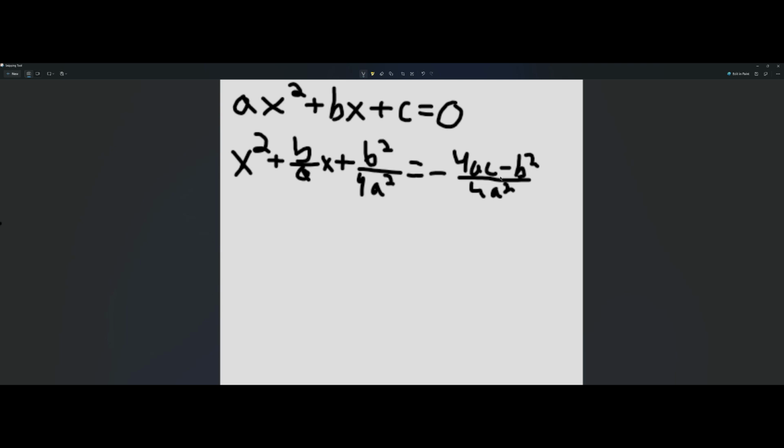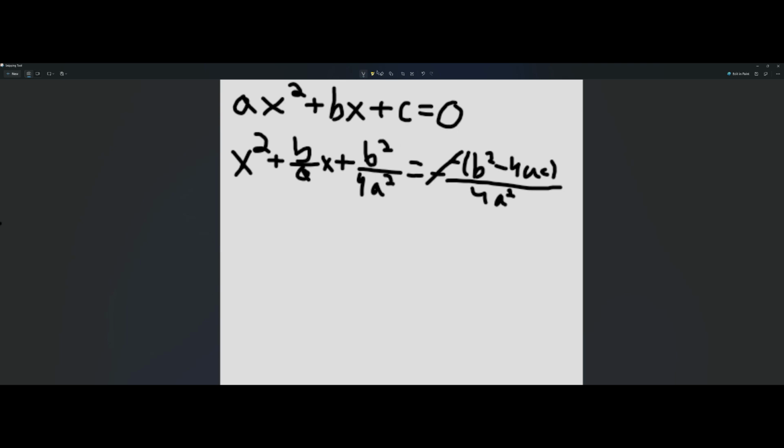Well, let's get rid of this negative and let's factor a negative out of this. So when we factor a negative out of our other side, we get negative of negative multiplied by b squared minus 4ac over 4a squared.